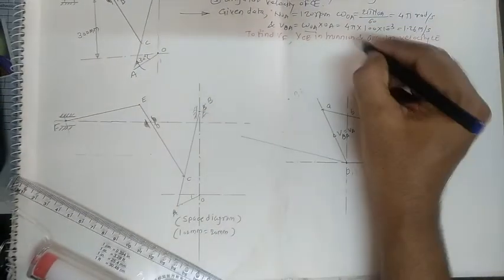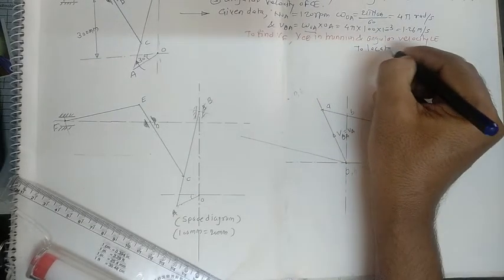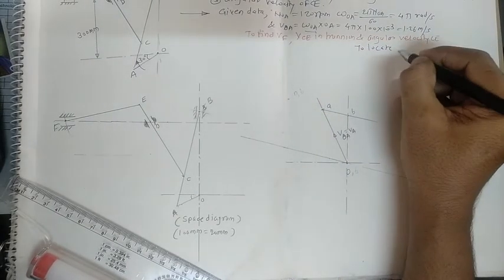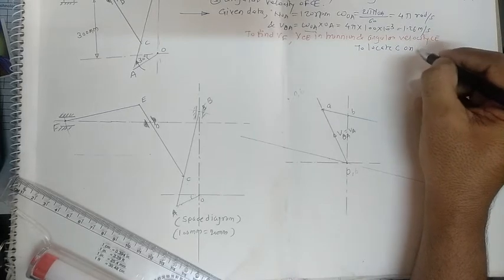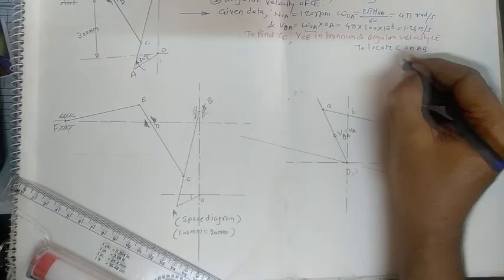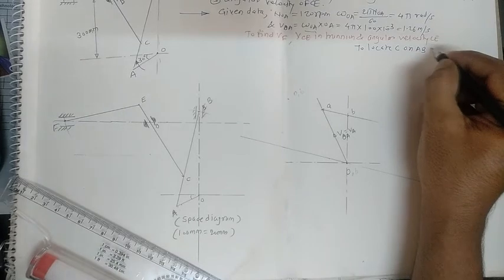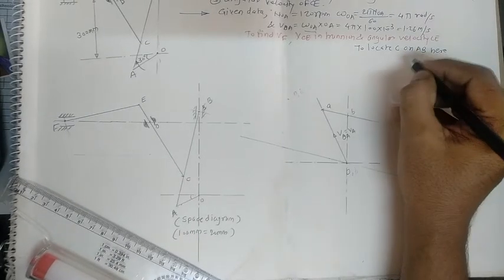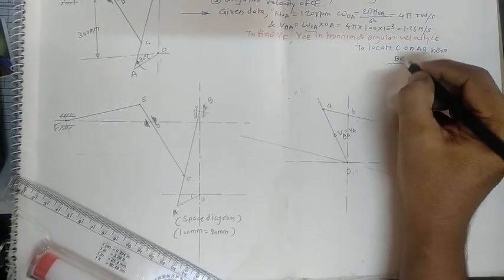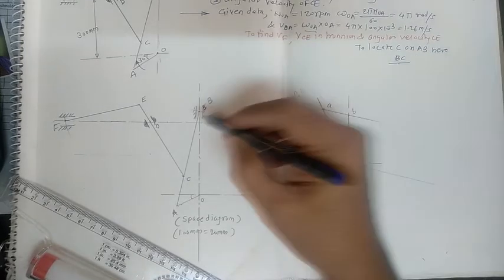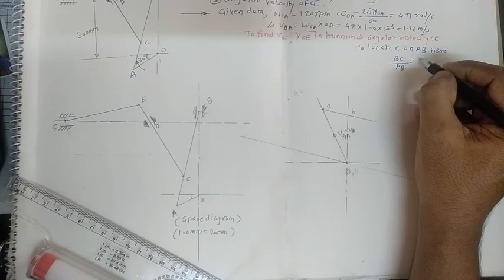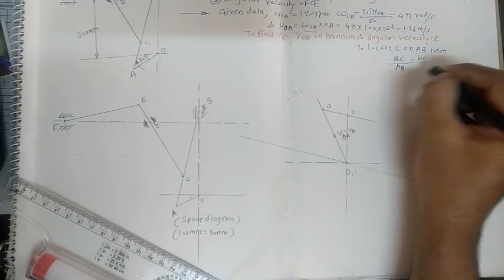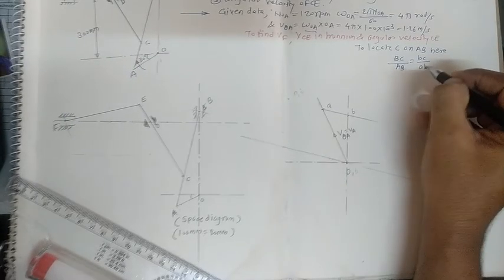Just mention, to locate c on ab, we can write BC divided by AB equals BC divided by AB, in this way.